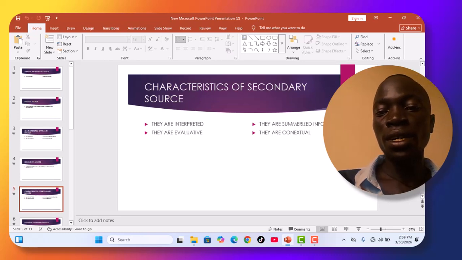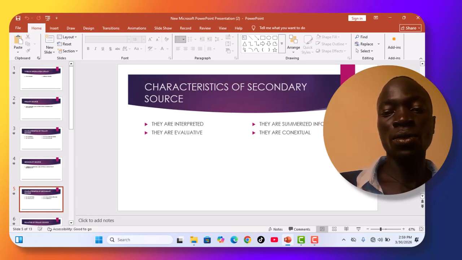So they are summarized information. This is like you summarize what you get from the primary source, then you come out with a secondary source. The information you got at first as first-hand, you finally go and summarize it, and then you get a secondary source.